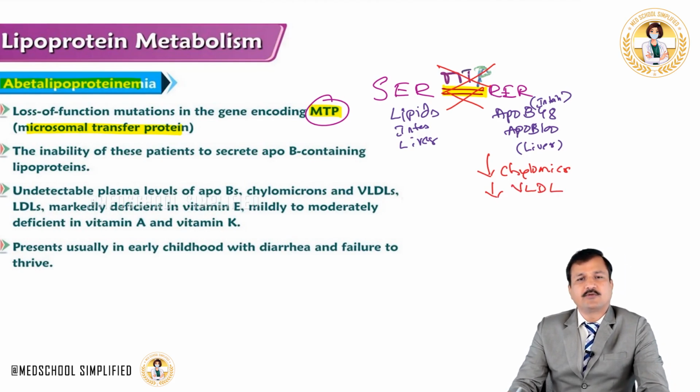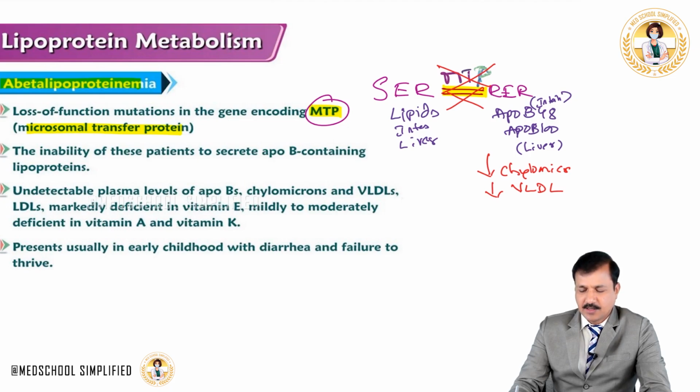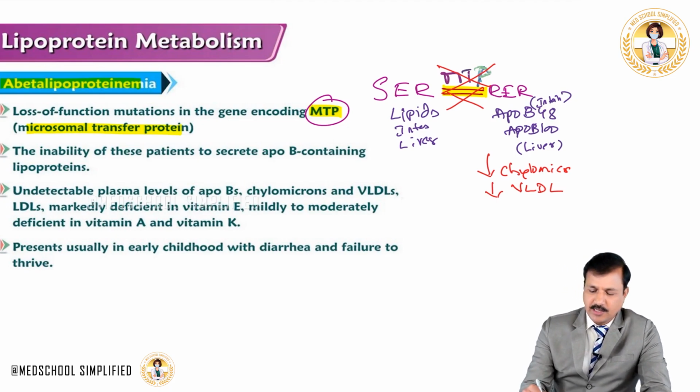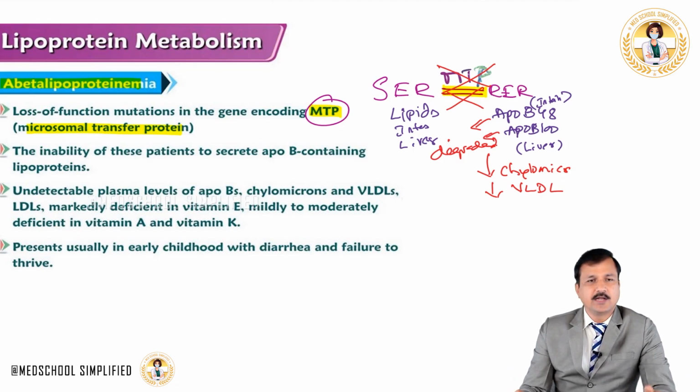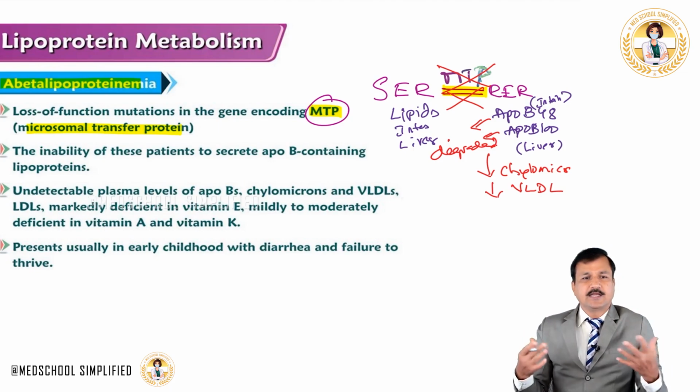Both chylomicrons and VLDLs will be decreased, and because of this, Apo B-48 and Apo B-100 are degraded. They will be degraded because chylomicrons are not formed, VLDLs are not formed, or rather decreased.